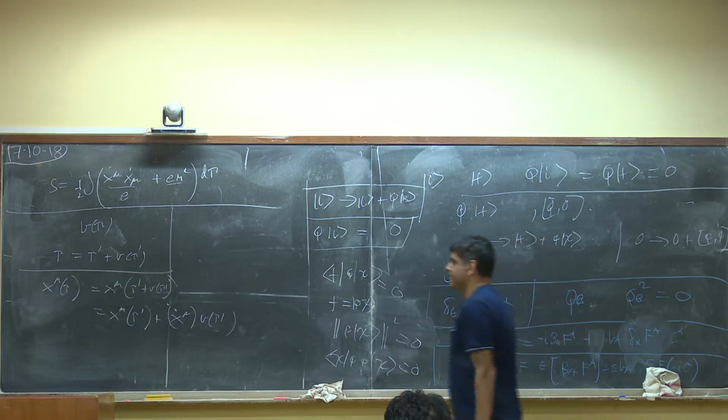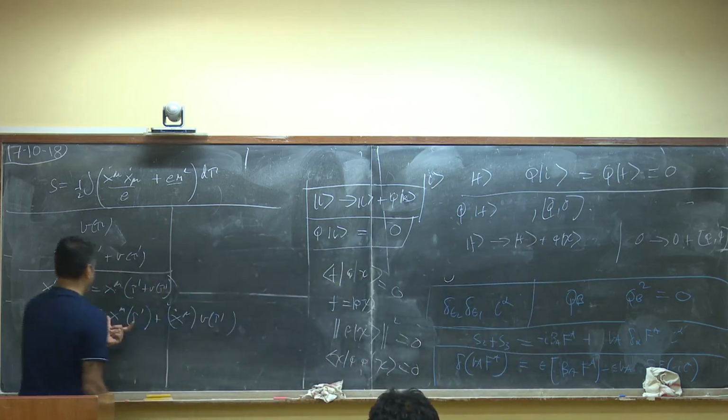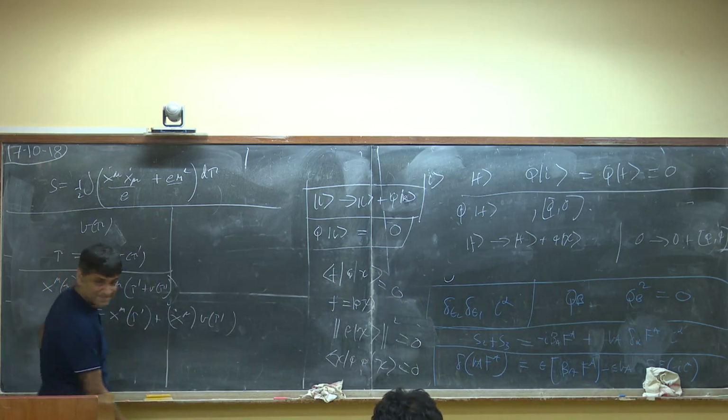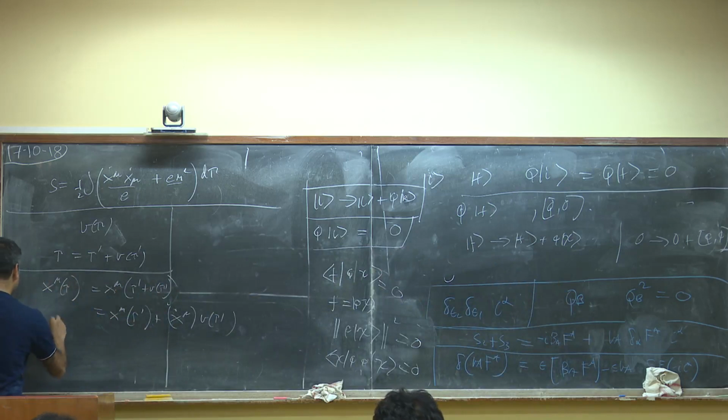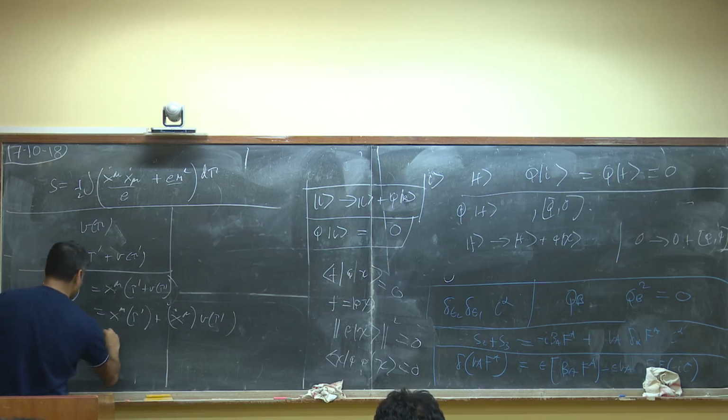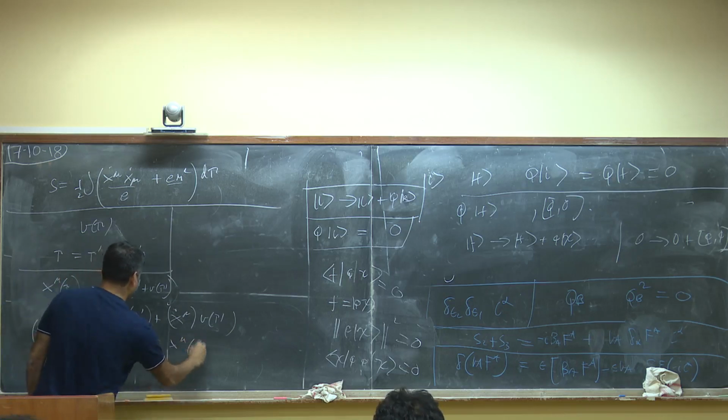So what is the function x mu of tau prime in terms of the function x mu of tau? It's x mu of tau minus x mu dot times v of tau, which is equal to x mu of tau prime.